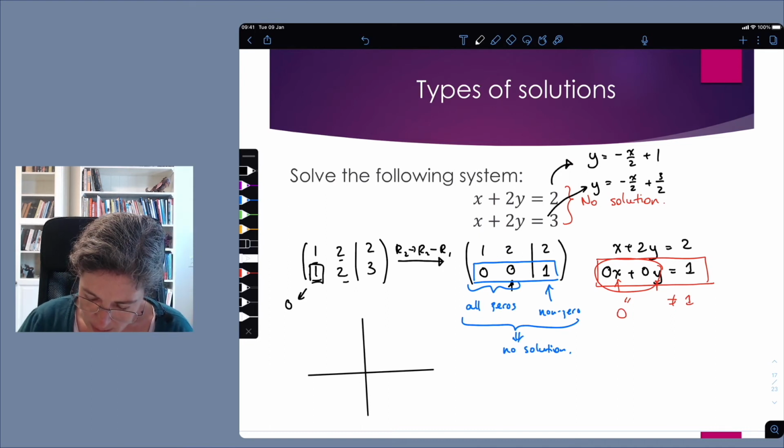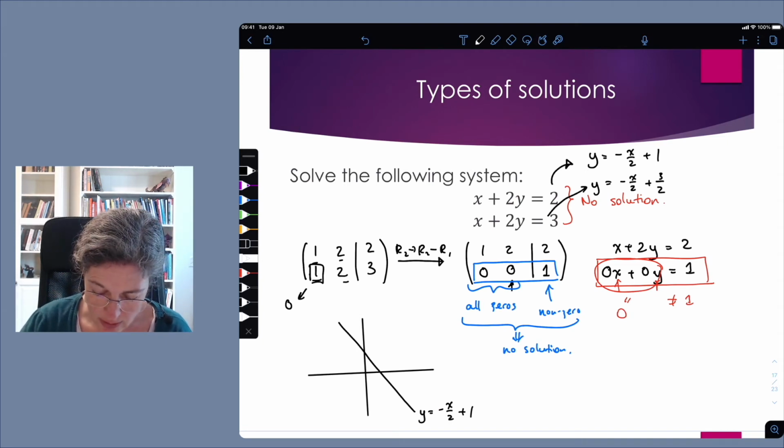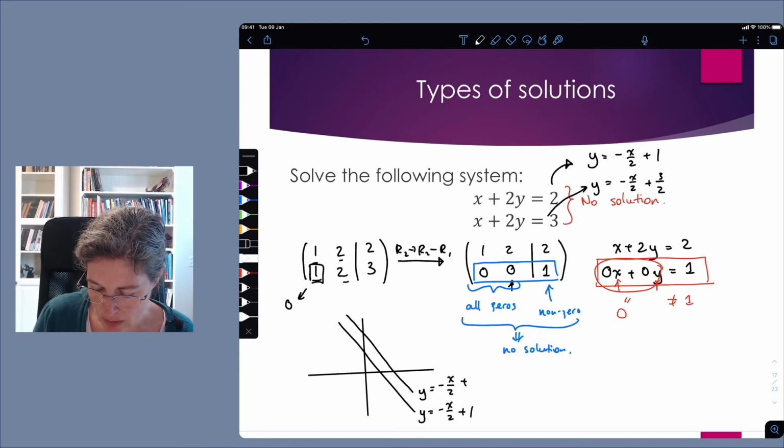So here's my line minus x over 2 plus 1, it does something like this. And my line y equals minus x over 2 plus 3 over 2, that's parallel to this line, but slightly higher up. So this one is the line y is equal to minus x over 2 plus 3 over 2.